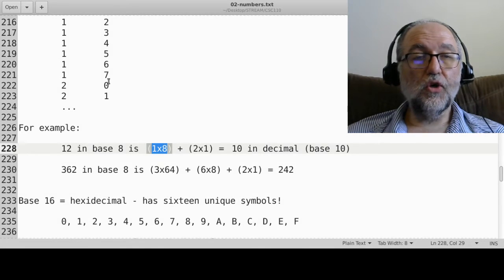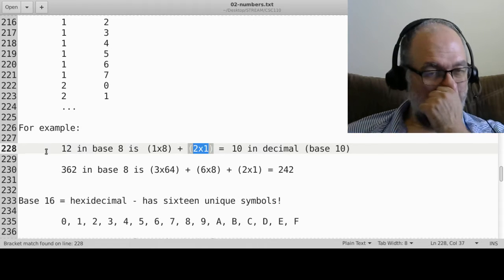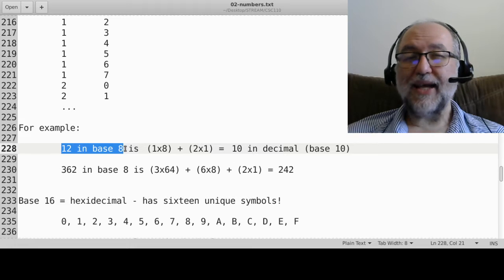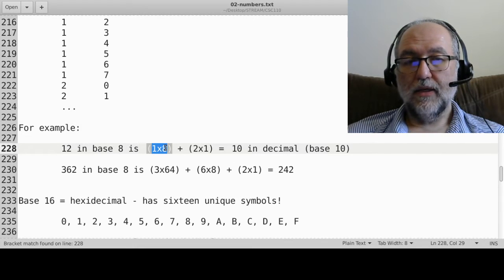This 2 is in the ones column, so that's going to be 2 ones. So the number 1, 2 in base 8 is basically 1 eight plus 2 ones.